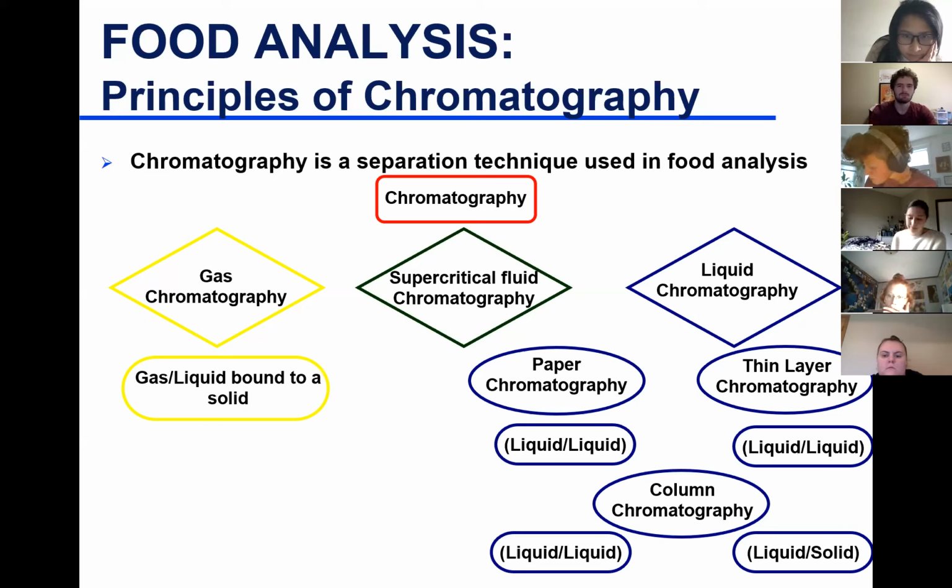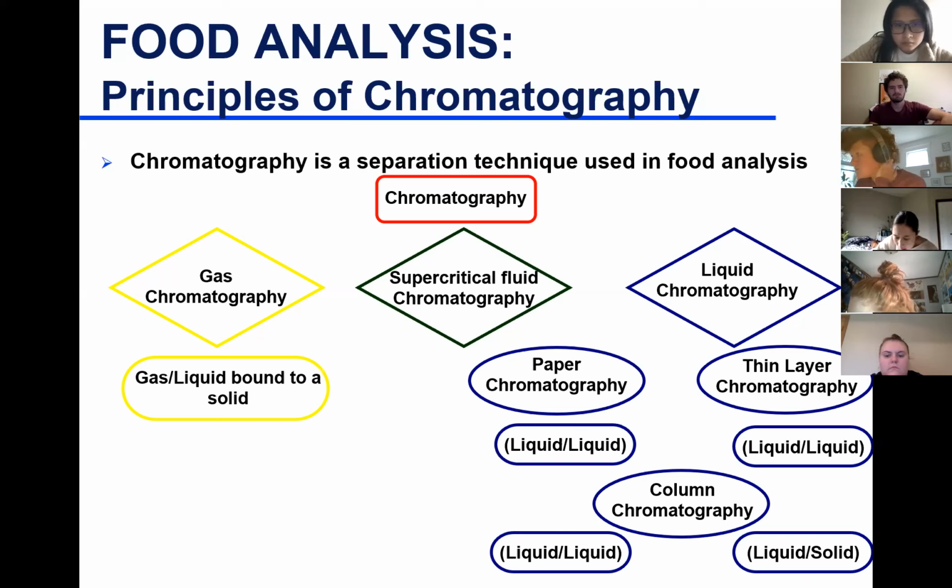In paper chromatography and thin layer chromatography, your two phases are liquid. So it's a liquid mobile phase and a liquid stationary phase. You might say, but paper is solid. Yes, because paper is cellulose. It's kind of your inert surface that you impregnate with water.